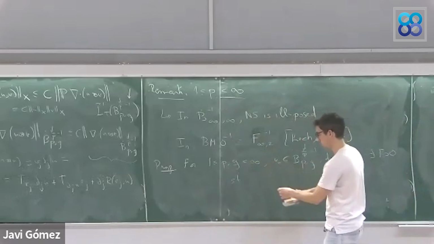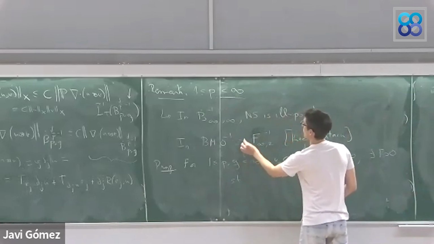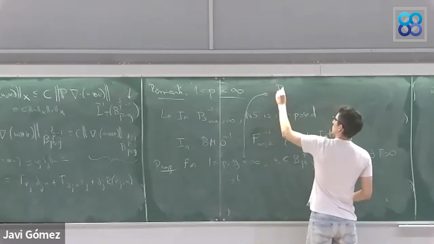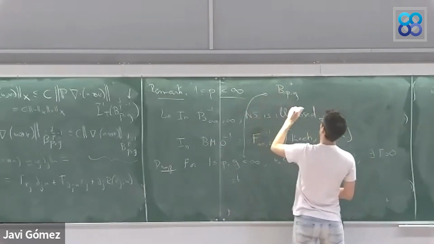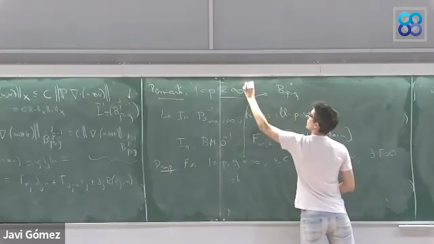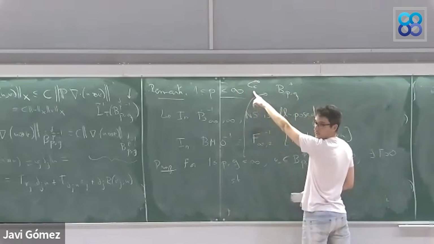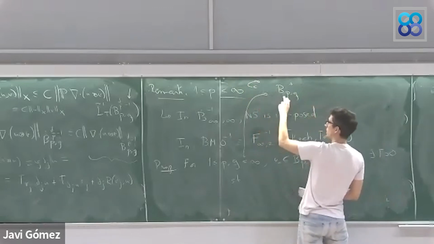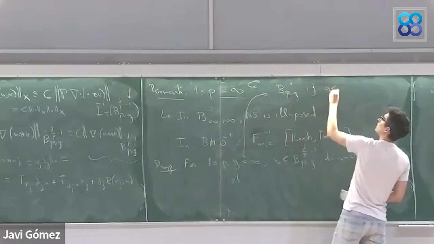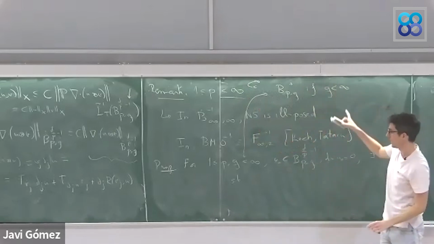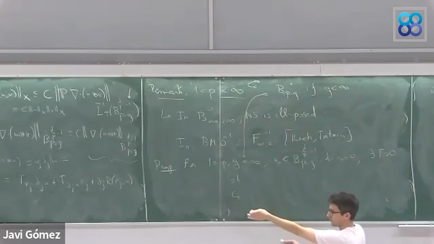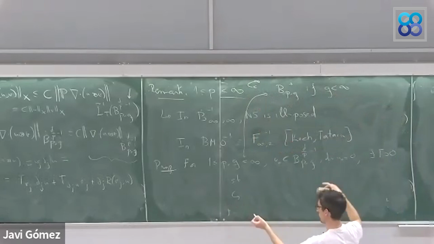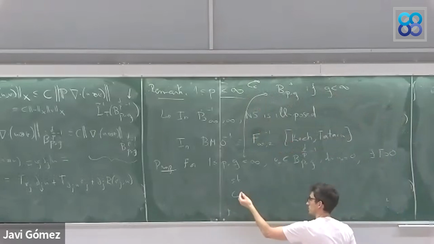And the only reason for this is that the smooth, compactly supported functions are dense here, if q is finite. And this is important to get smallness. So how does the proof of this work? Like for all local in time data in this parabolic setting, you split your problem in two.